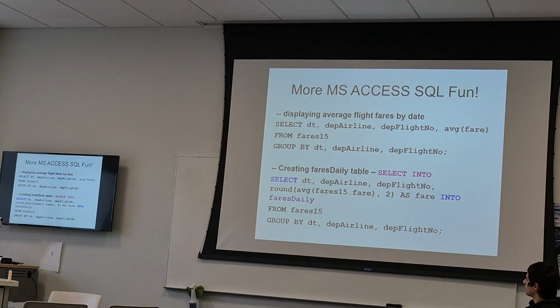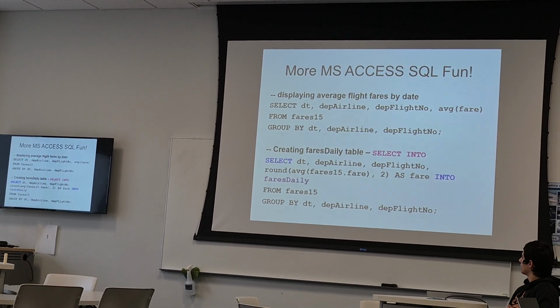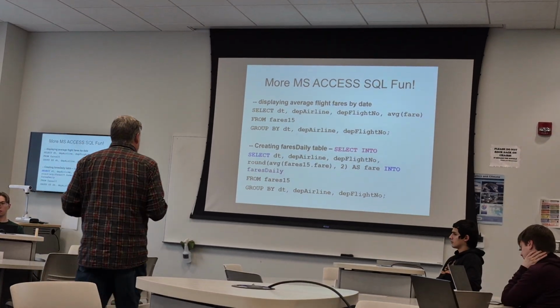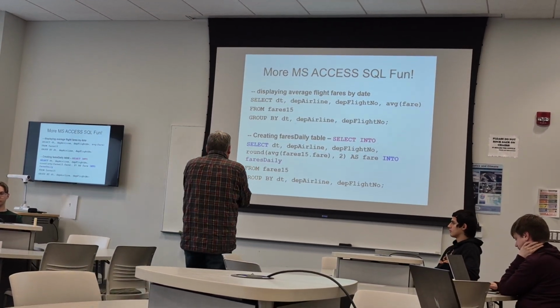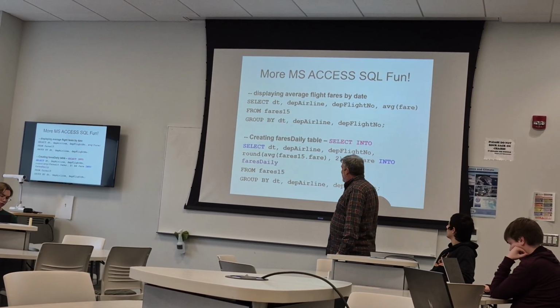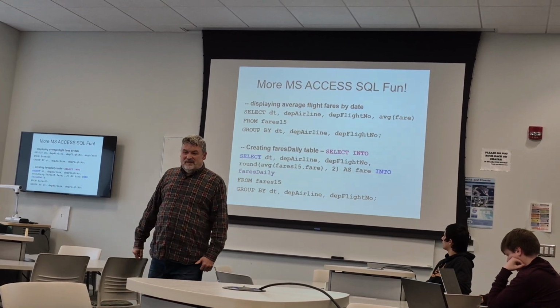And in this case, we're also using the group clause to say whichever rows come back with the same exact values for DT, that airline, and that flight number, they're all going to be combined into one row, and their fare is going to be combined into an average, which will be rounded to 2 decimal places.